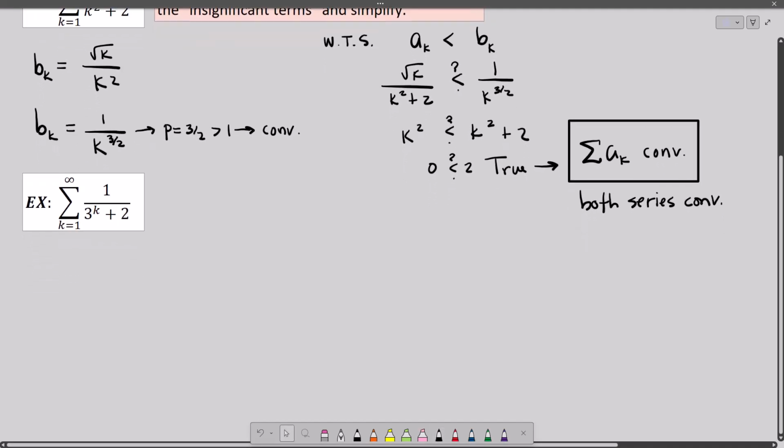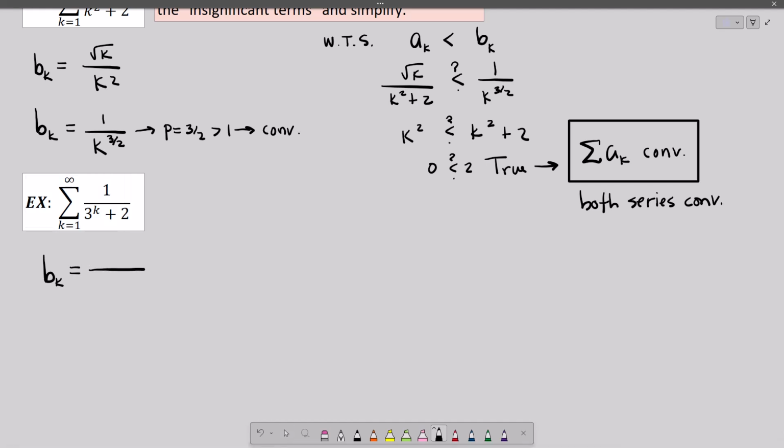Okay, somebody tell me what you think b sub k is going to equal in this case. I think I heard it. All right, 1 over 3 to the k. Is that a p series? No. P is 1 over k to the p. Here the k is in the exponent position.